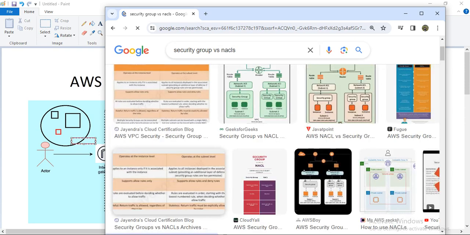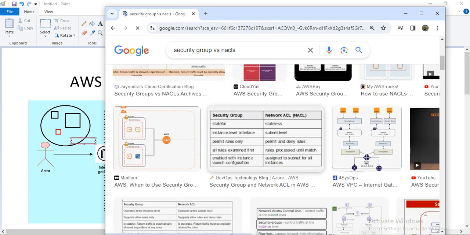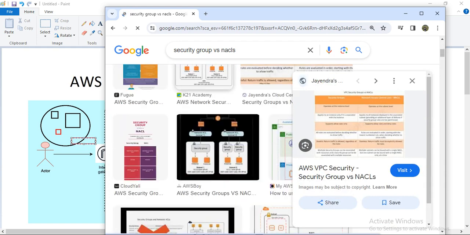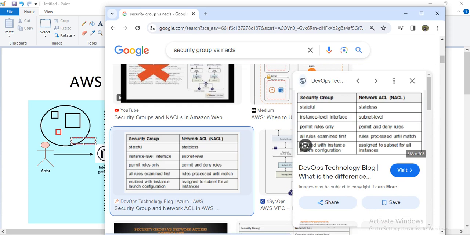NACLs work at the subnet level, security groups work at the instance level. Security groups are stateful, NACLs are stateless. Security groups have permit rules only, NACLs have permit and deny rules. We have different inbound and outbound rules in NACLs, and it's not vice versa. Security groups are assigned at the instance level.